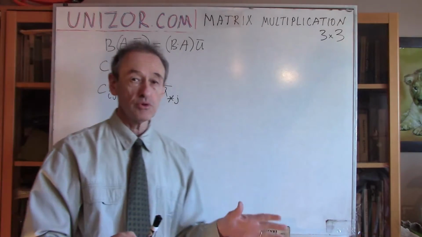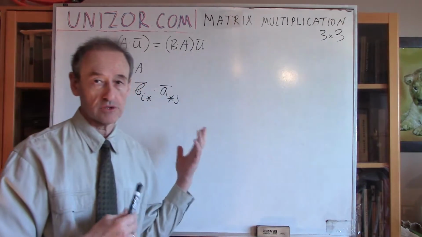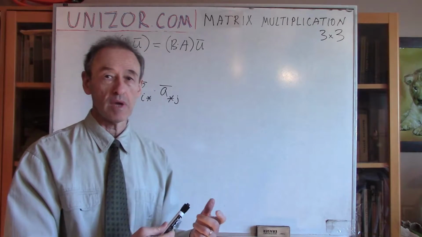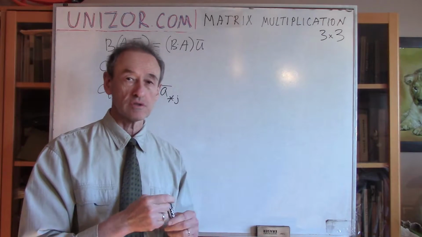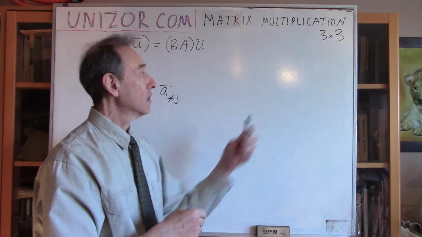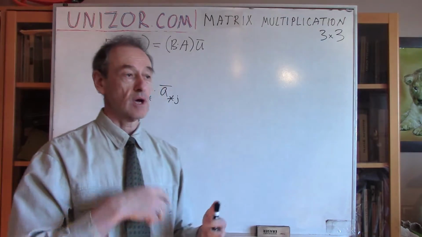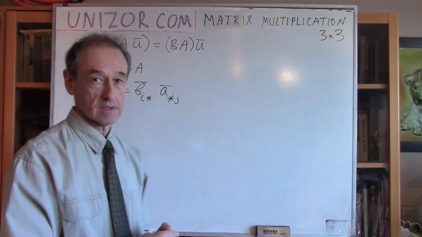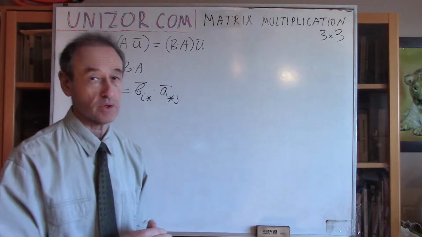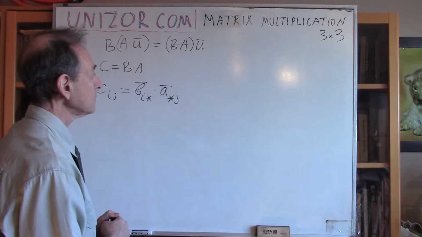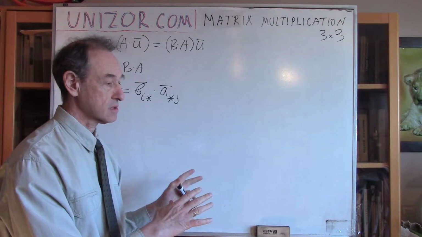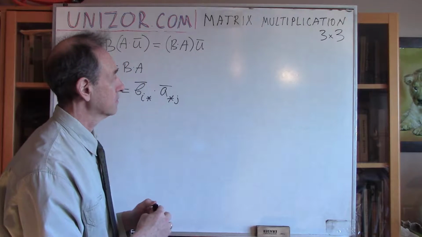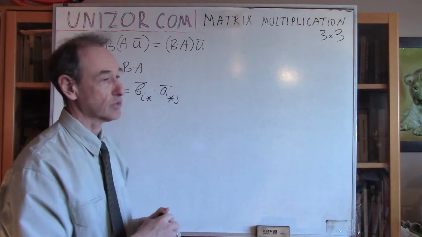Now, in the future, I'm going to make it a general definition, but before doing that, I would like to repeat exactly the same calculations I did for the 2 by 2 case in the 3 by 3 case. So this will probably justify even more that this is the right way to define the product of 2 matrices. All right, so let me completely go through the calculations of the 3 by 3 case.